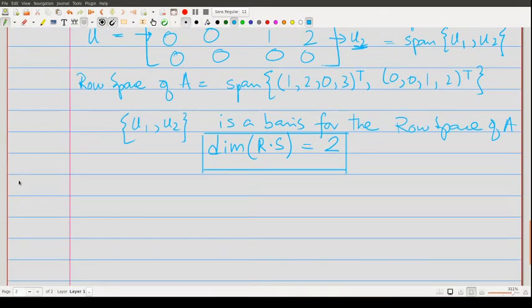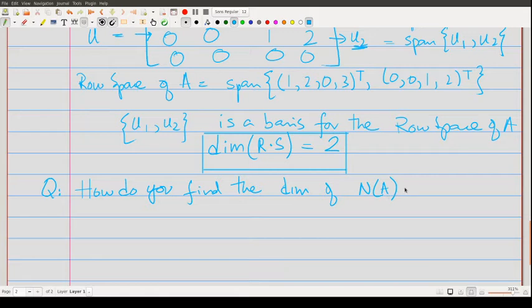The second thing is, how do you find the dimension of the null space of A? And that's easy.